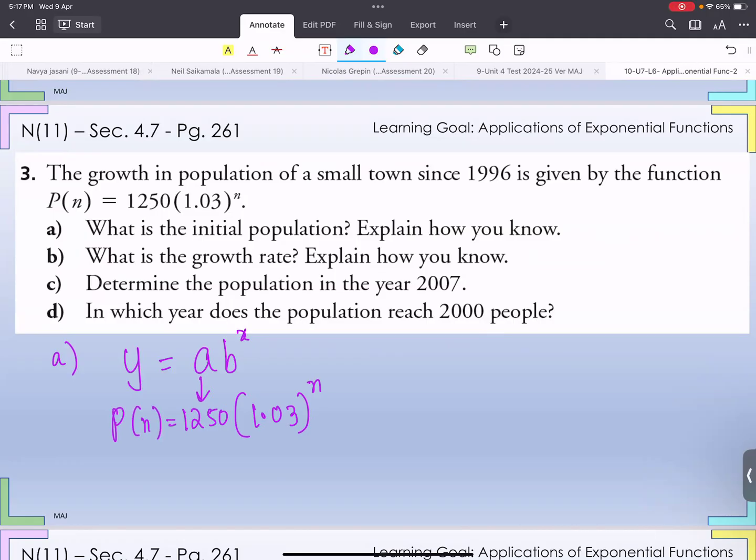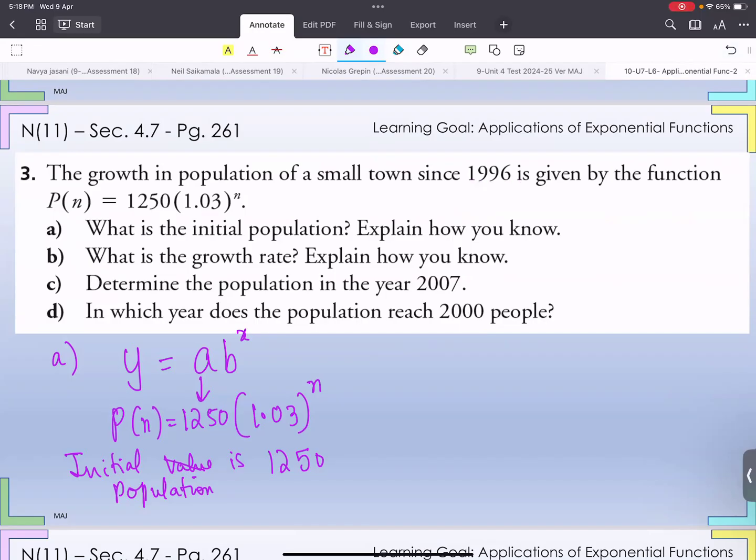Okay, so the initial value is 1250. That's the initial population, right? What does initial population mean? Initial population is basically the population in the year 1996, because it is from 1996, right?